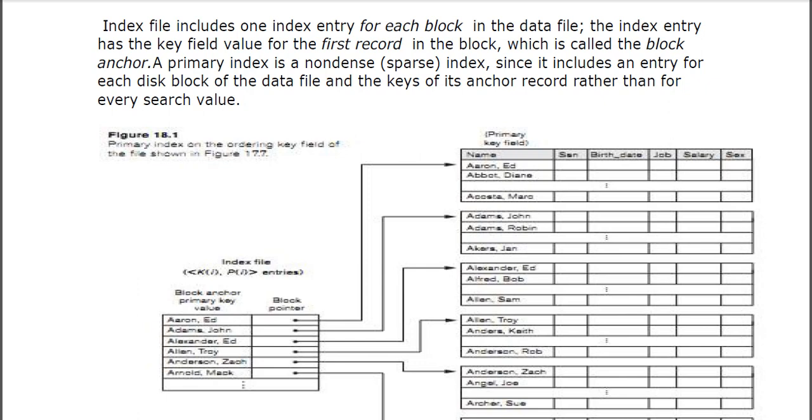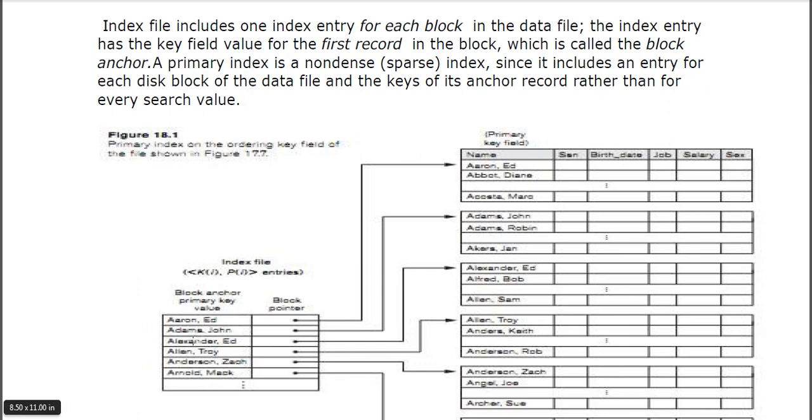So this is one example of sparse indexing, or non-dense indexing. Here, instead of having a pointer to every value in the block, this indexing technique uses only one pointer to each block. So if you want to search for this value, Marrow, the last value of the first block, you can search from Aaron in the index file.